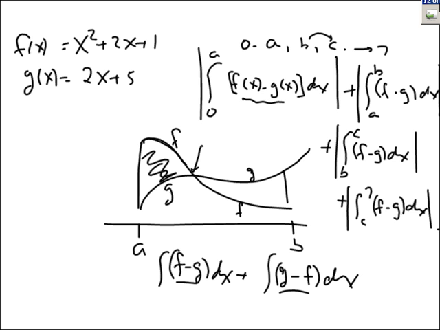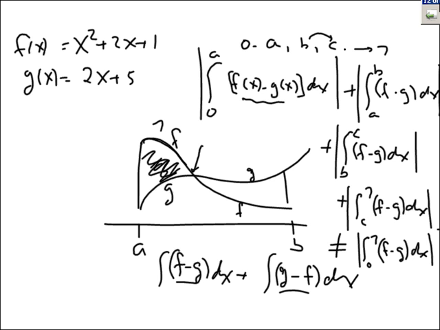But this all does not equal the integral from 0 to 7 of f minus g dx with an absolute value. No. We want each piece being added separately.